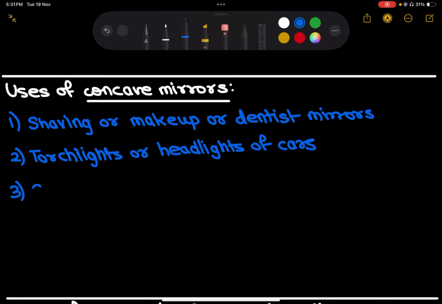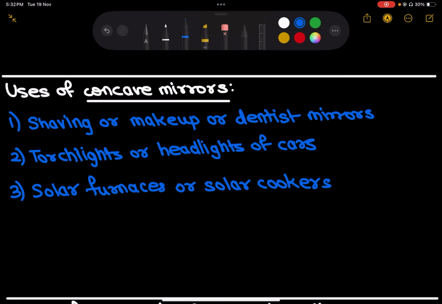Okay, and the last use is in solar furnaces or solar cookers. This works on the first ray diagram, where the rays were coming parallel.